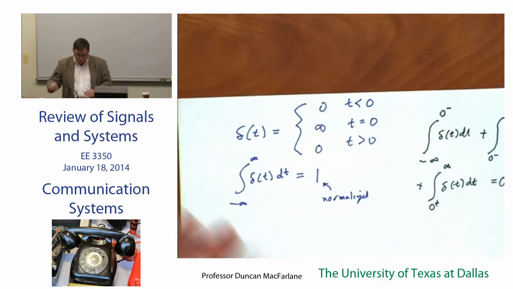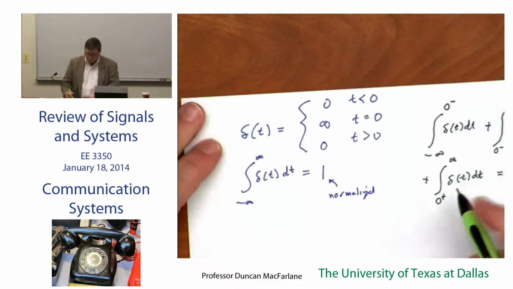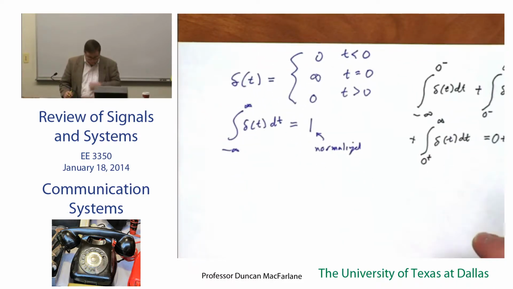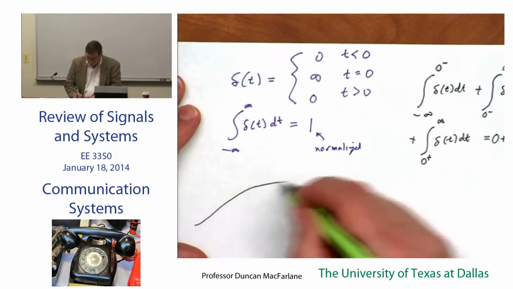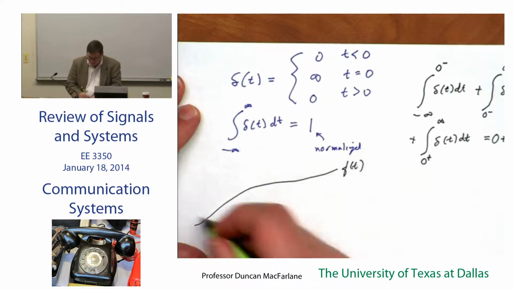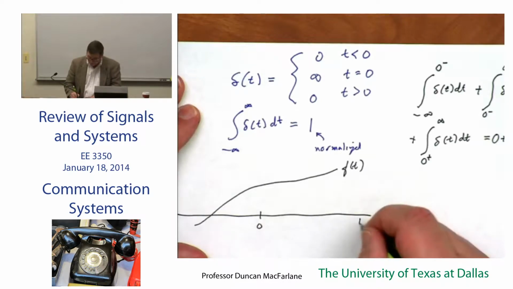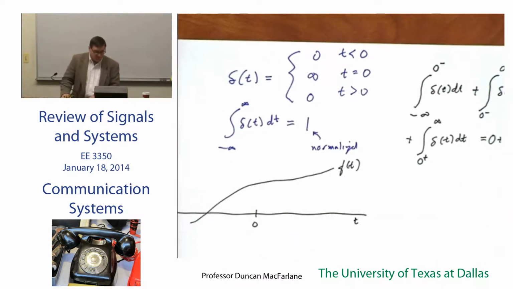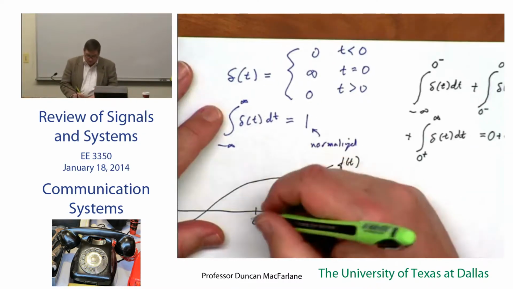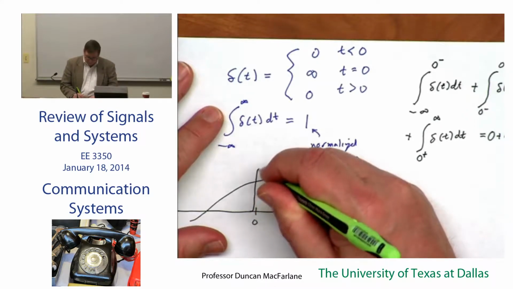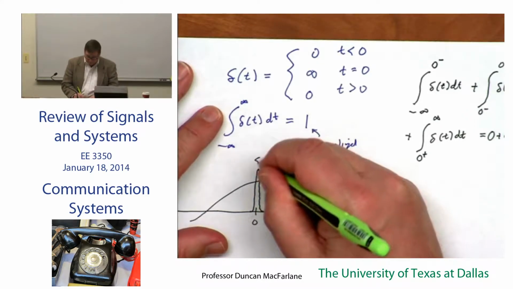And of course this comes into play if I have a function, f of t, and this function, for whatever reason, meets a delta function.